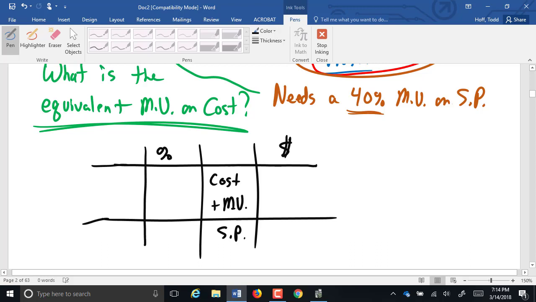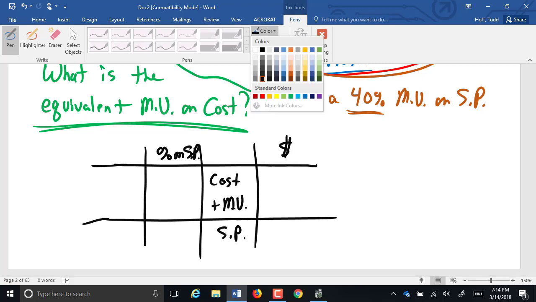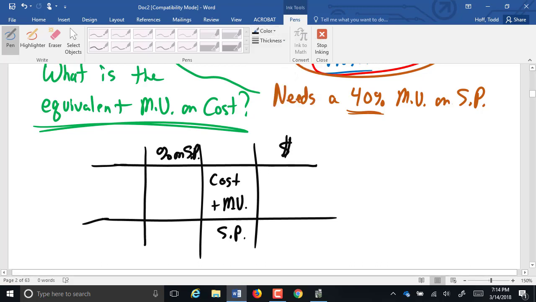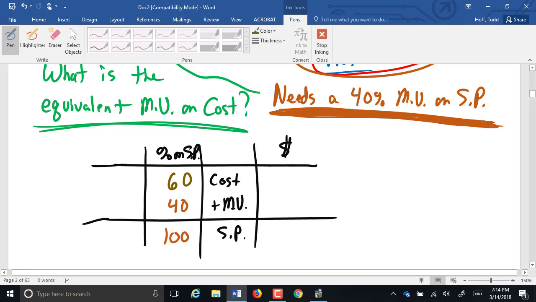One column is going to be the percent on selling price, because that's the one I'm starting with. I know the percent on selling price is 40%. Where does the 40 go? The markup. Where does 100 go? On the selling price. What would go in for the cost? 60. There we go. 60 plus 40 equals 100.